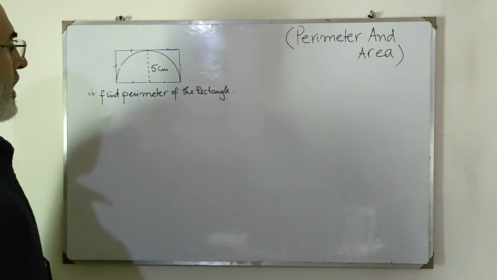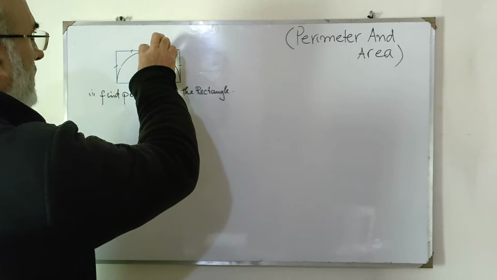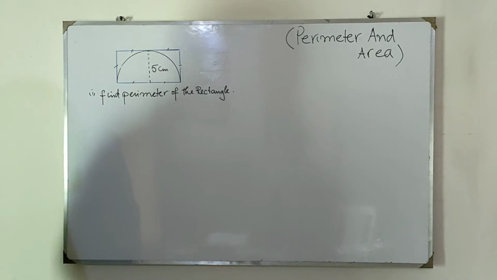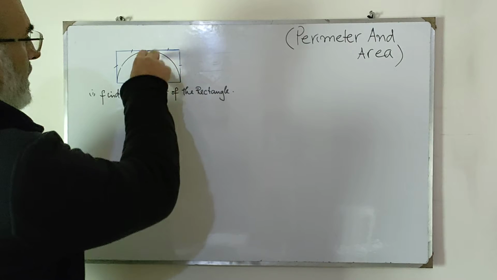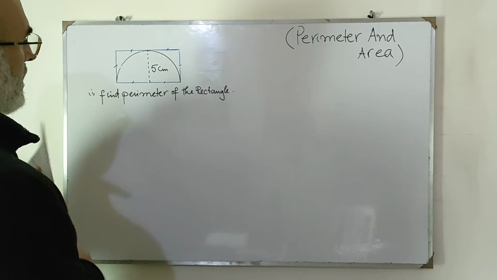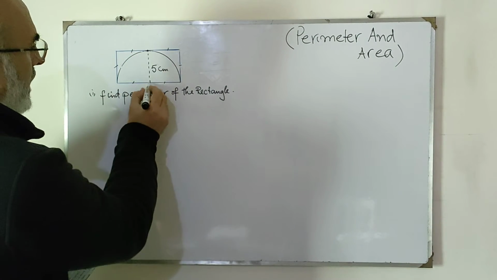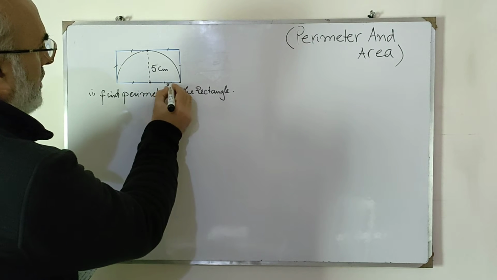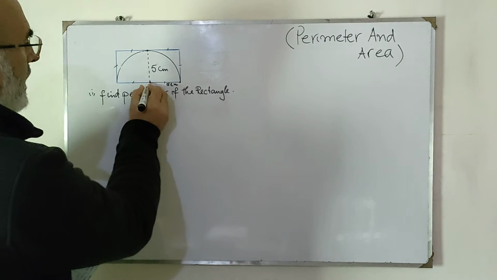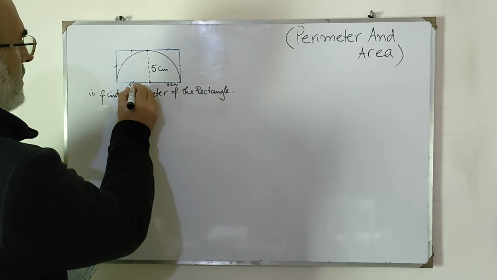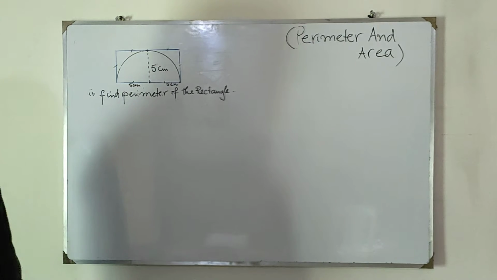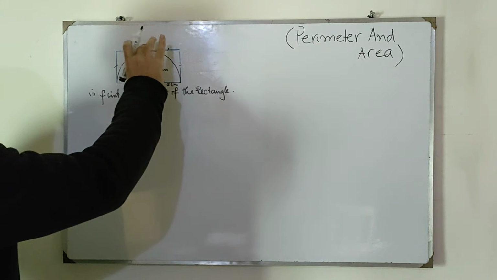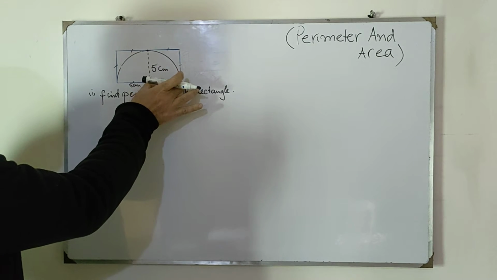Now if the radius of this semicircle is 5 centimeters, it means that if this path from here to here is 5 centimeters, then from here to here it is also 5 centimeters, and from here to here it is also 5 centimeters. Because whatever the radius is here, as we keep on moving, the same radius will be here.